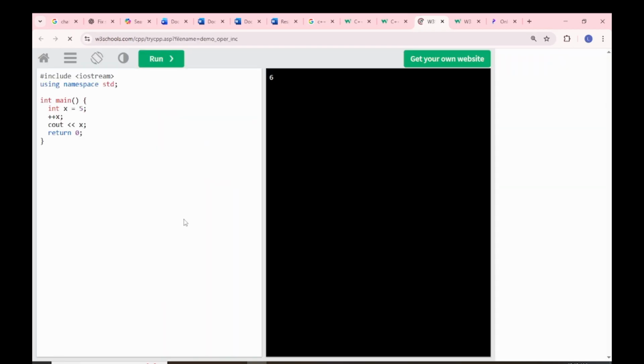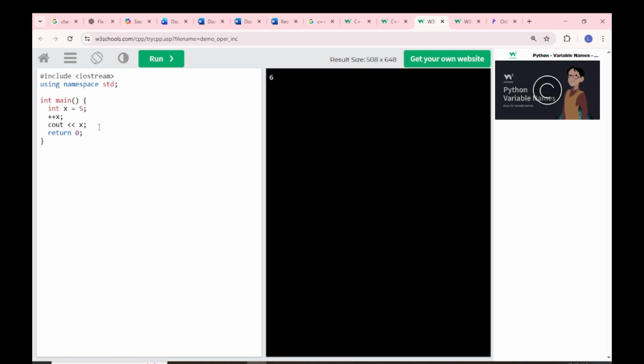And then ++x, let's see, x equals 5, ++x, cout x, right? So that means, guys, ++x means 1 would be increased first, then x is printed. If we put x++, what does it give us? 6 as well.